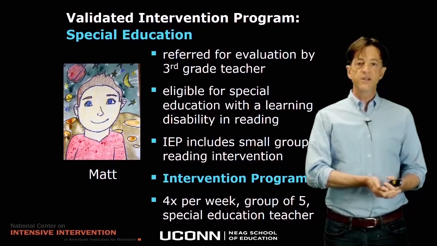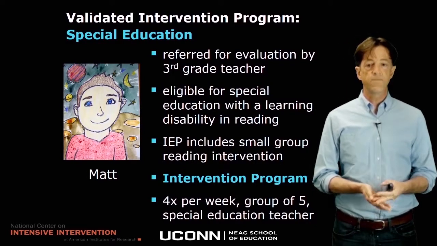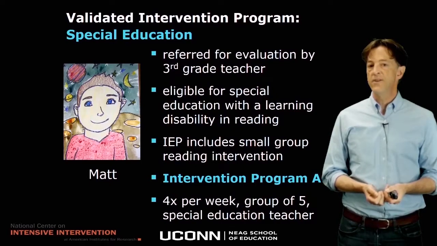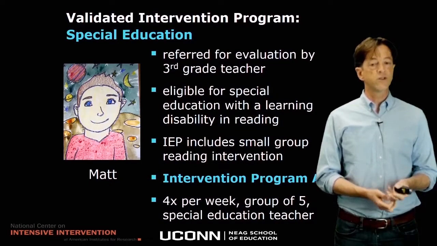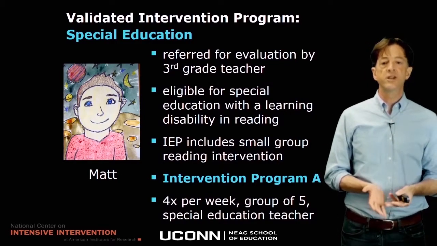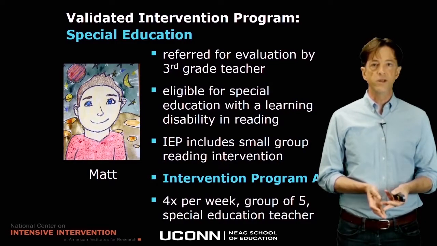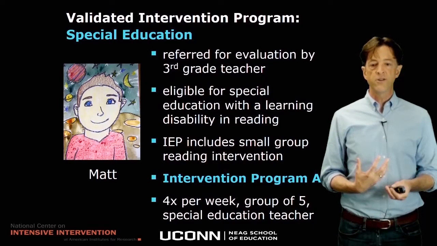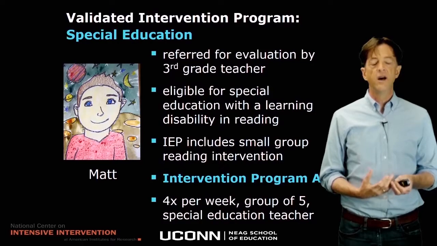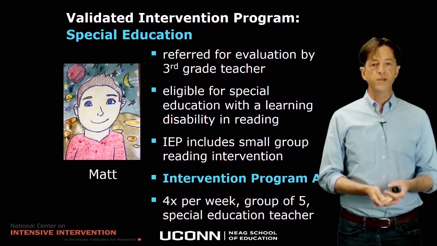We can also think about this within a special education process. So this is Matt. He was referred for a comprehensive evaluation for special education by his third grade teacher because of concerns with reading. And the team decided that he's eligible for special education services with a learning disability in reading. So the team got together to develop his individualized education program, and they decided that he has a need for small group reading intervention.